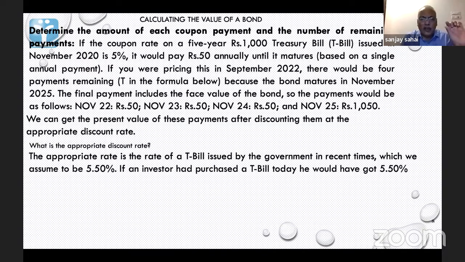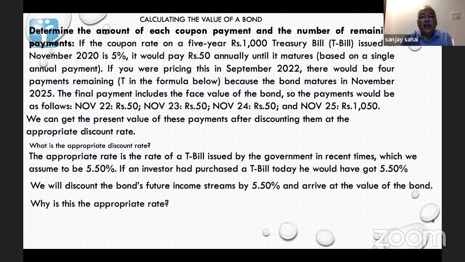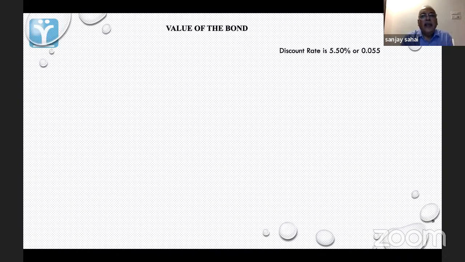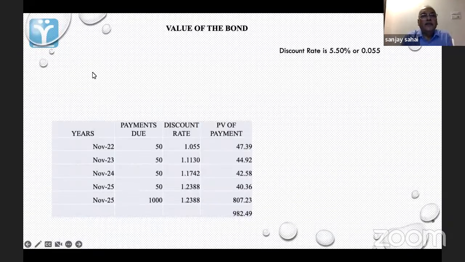Exactly कोई figure होगा ना, some price where the yield will be exactly equal to 5.5%. वो कैसे पता लगेगा कि वो price क्या है? That is the concept of discounting.